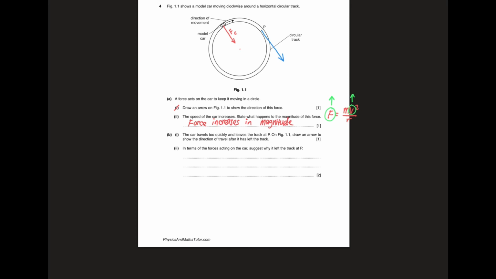Okay. Can it also be weight? Weight cannot, because weight is acting downwards. So imagine if this is the car that moves in a circle. Okay, so the center of circle is here.